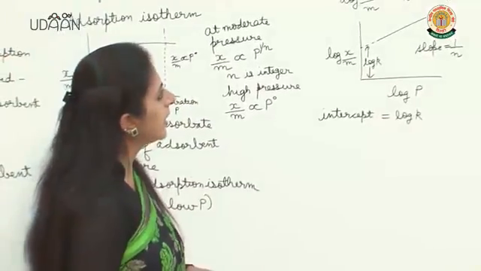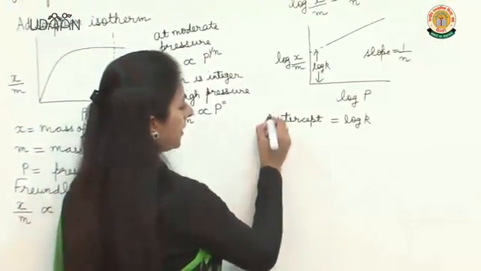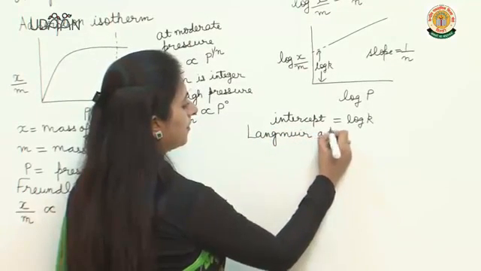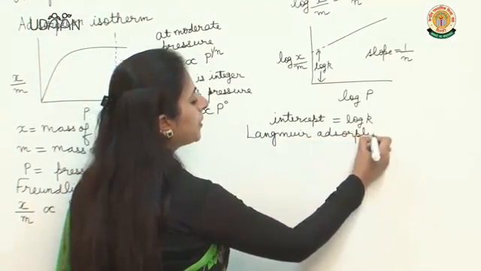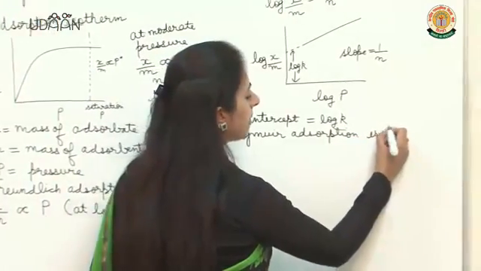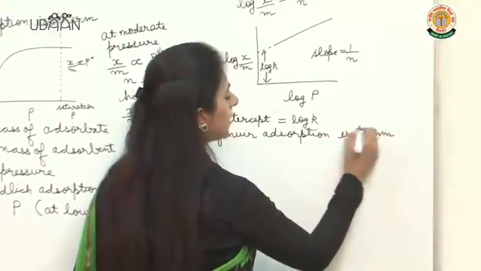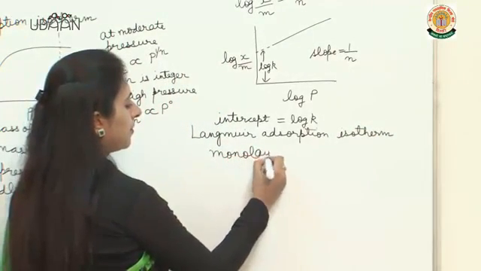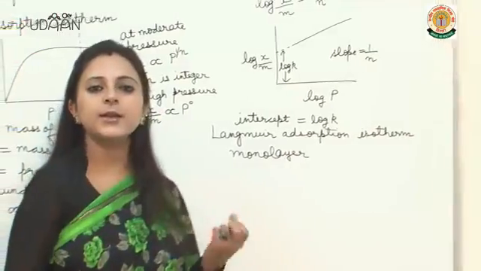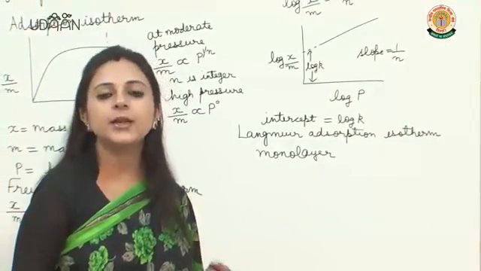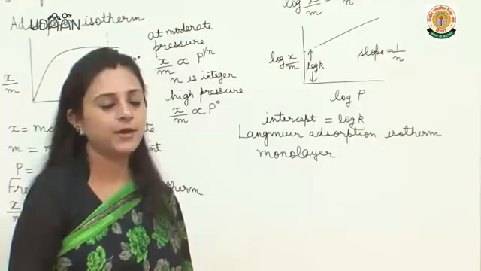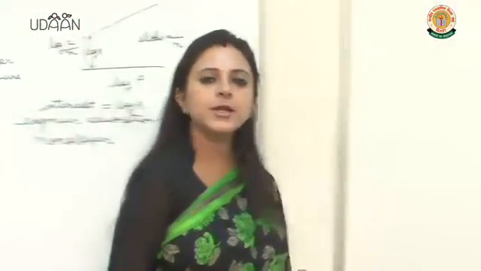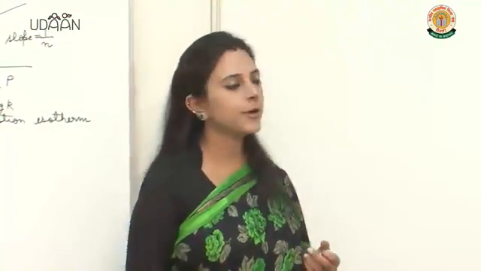Now, let us understand the Langmuir adsorption isotherm. In Langmuir adsorption isotherm, there is an assumption that the adsorption is monolayer. Monolayer means a single layer of gas is getting adsorbed on the surface. Now, let us understand the graph for Langmuir adsorption isotherm and the expression for it.